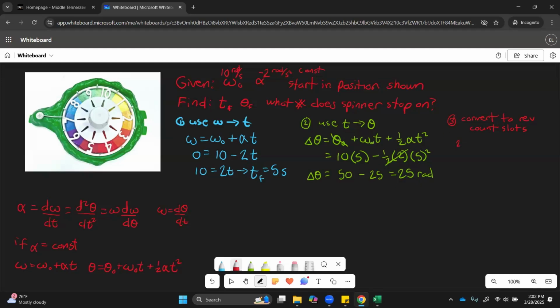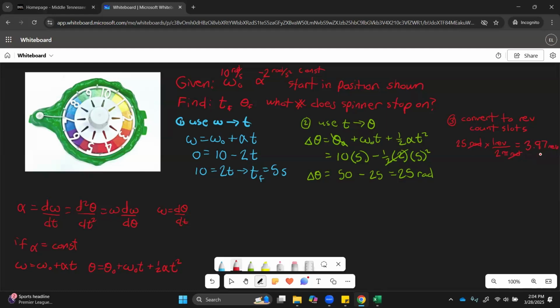So 25 radians times 1 revolution over 2 pi radians. Put that into a calculator. How many revolutions do you get? This is 3.97 revolutions, so basically it has spun around almost 4 times.